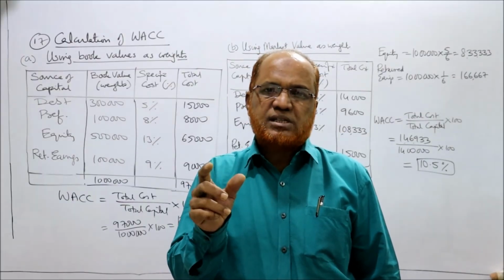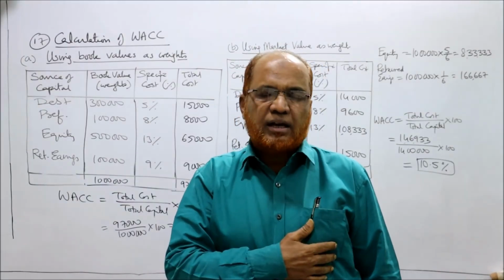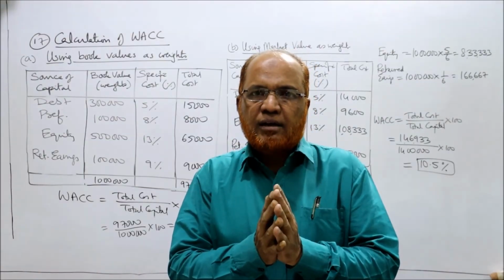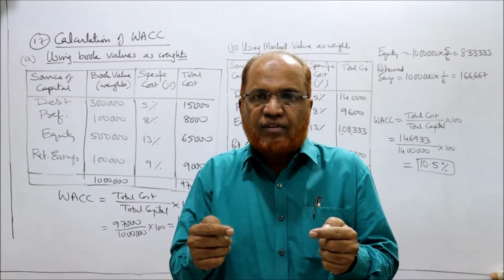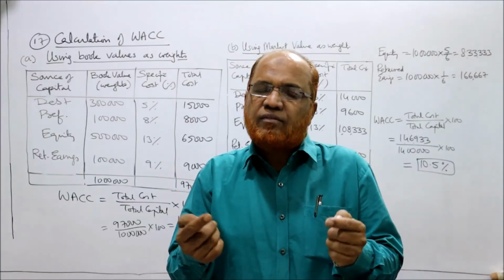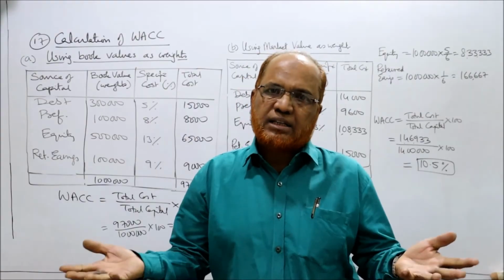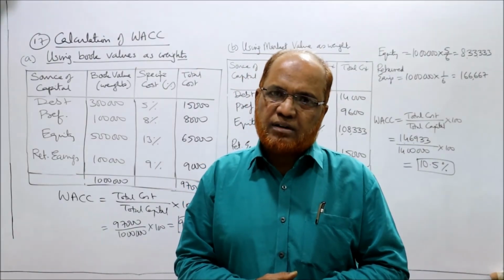You have to find out WACC either by taking amount or by taking proportion. लेकिन आप लोग की इंफॉर्मेशन के लिए हम दोनों भी मालूम कर लेंगे ताकि कंफर्म्ड हो जाए, कॉन्फिडेंस आ जाए कि we can get WACC either by taking amount or by taking proportion. We'll get the same answer.